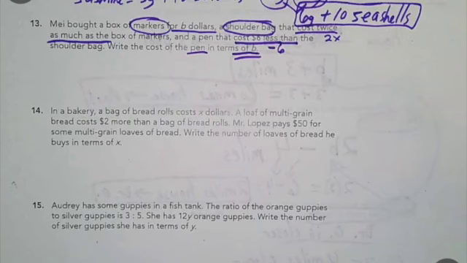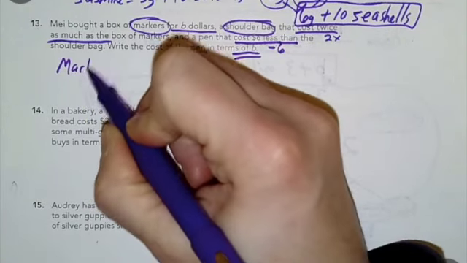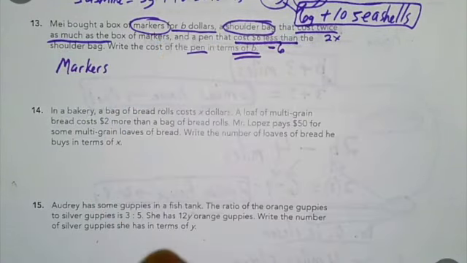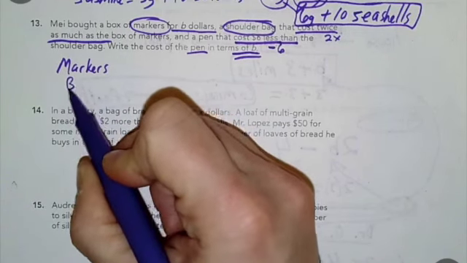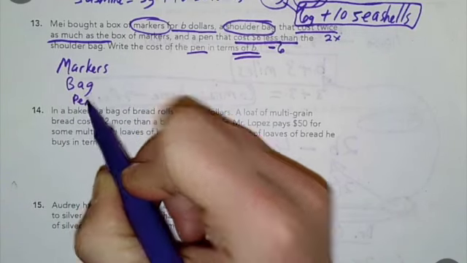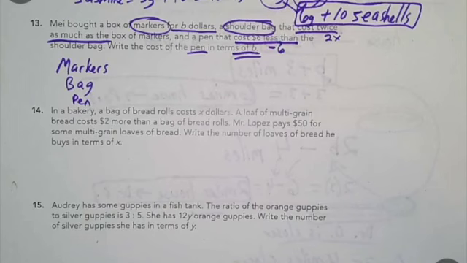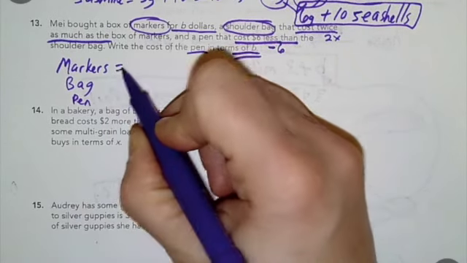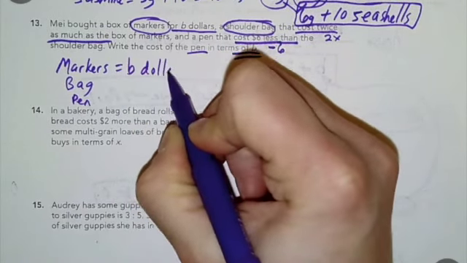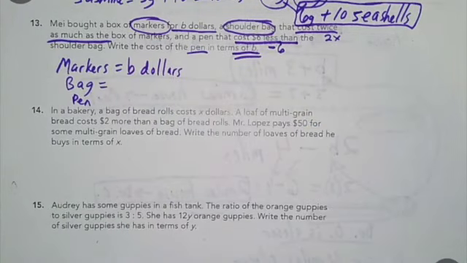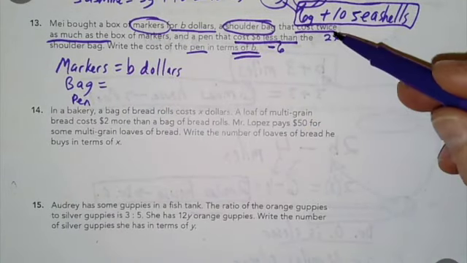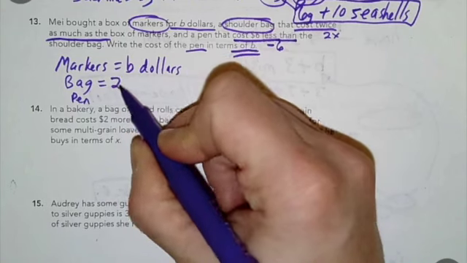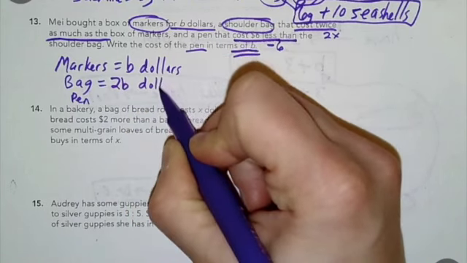So you kind of have to go back through. What do the markers cost? What's the next thing? The shoulder bag. And then the next thing, the pen. And if you write each part out, it'll make it easier to solve. The markers were B dollars. The bag, what was the clue for the bag? It was twice as much, so that's 2 times B or 2B dollars.